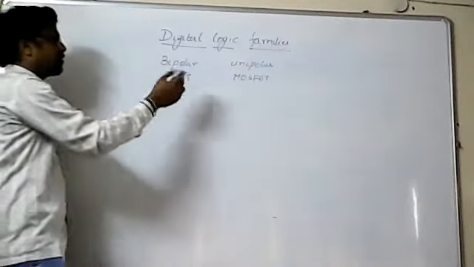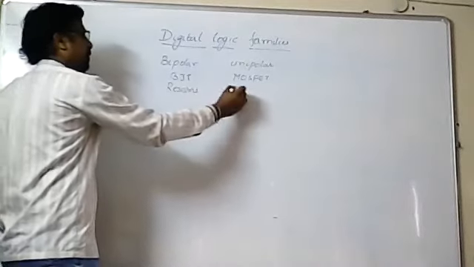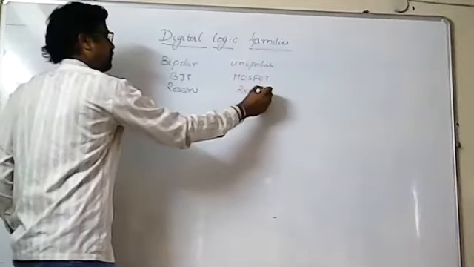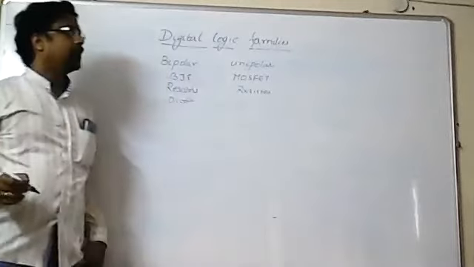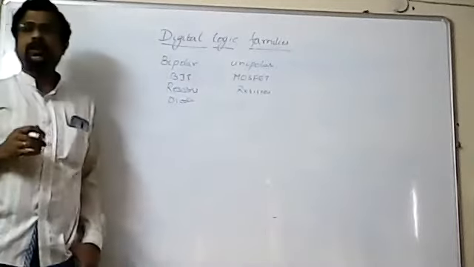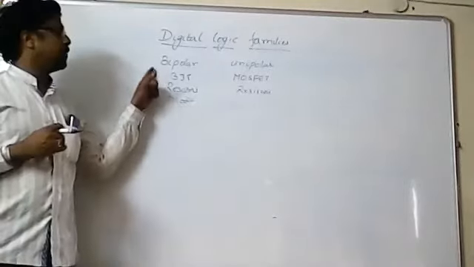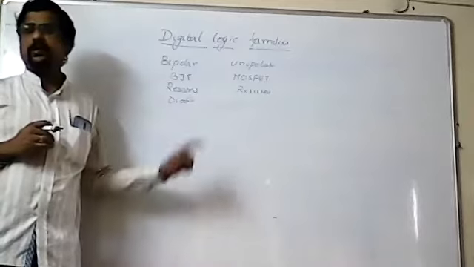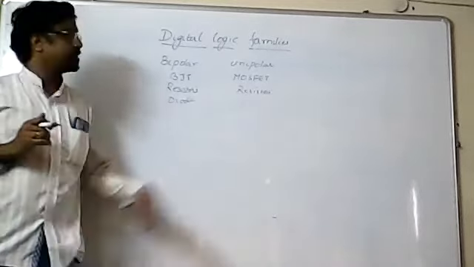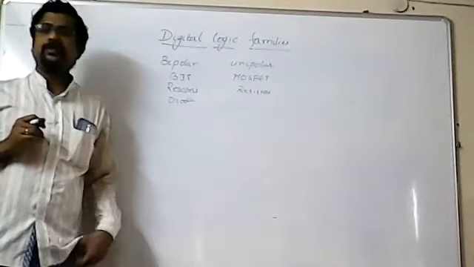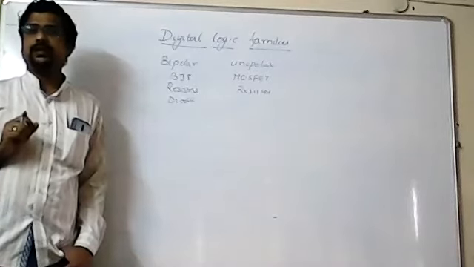Along with these components, we use resistors and diodes together. It forms either a bipolar device or a unipolar device. Just remember, bipolar means BJT, a normal transistor where the conduction is due to both minority and majority carriers, and unipolar means MOSFET, where the conduction is only due to the majority carriers.